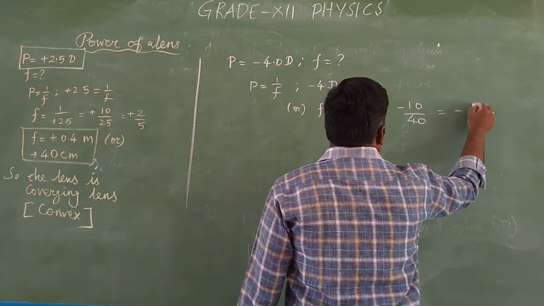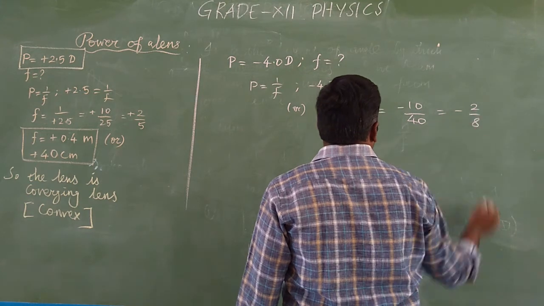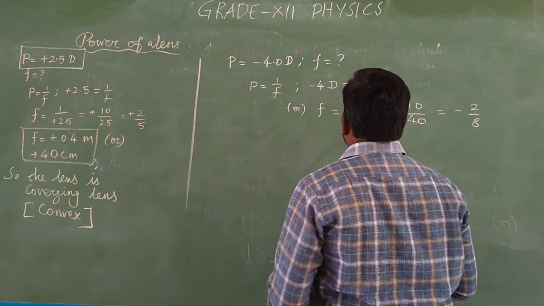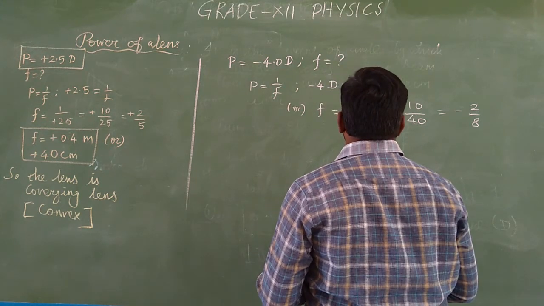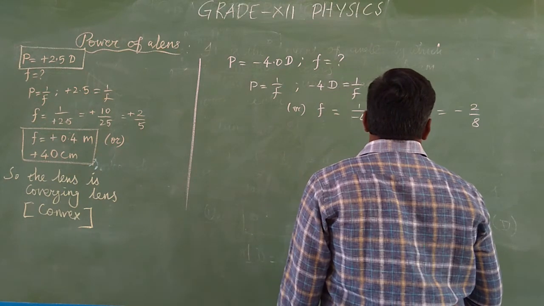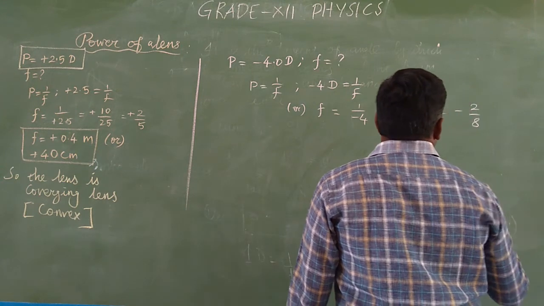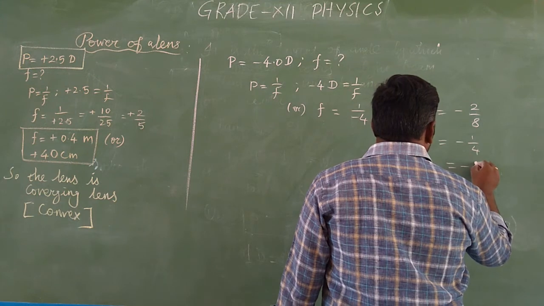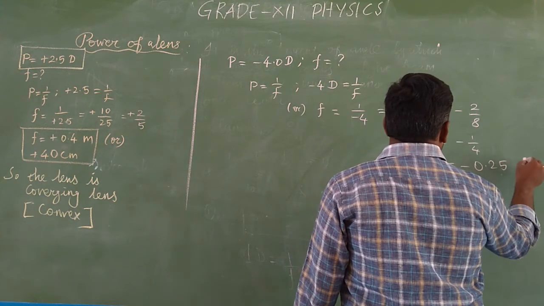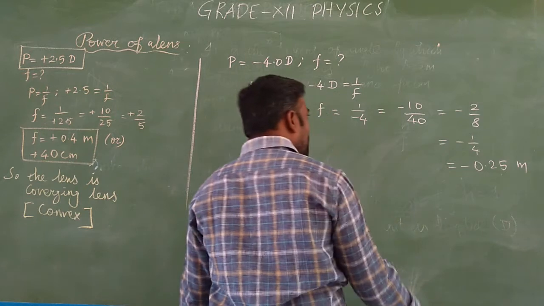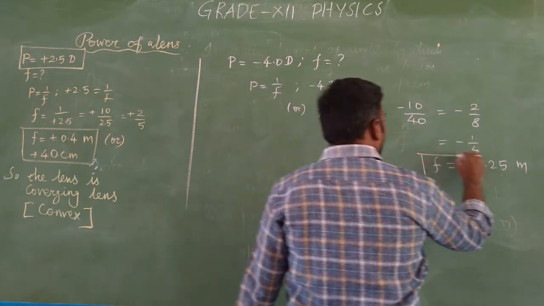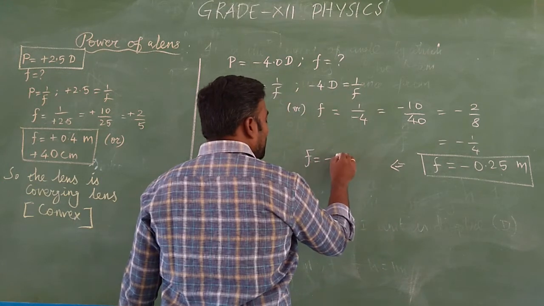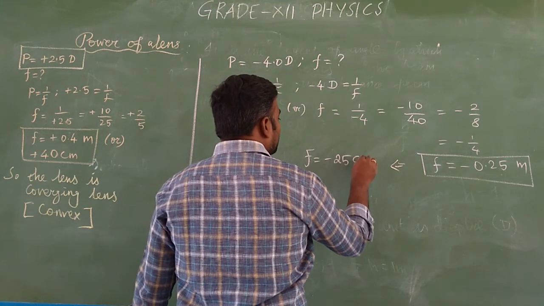It is minus 2 by 8, which is equal to minus 1 by 4, which is equal to minus 0.25 meter. So we got the focal length as minus 0.25 meter. In centimeter, the focal length is minus 25 centimeter.